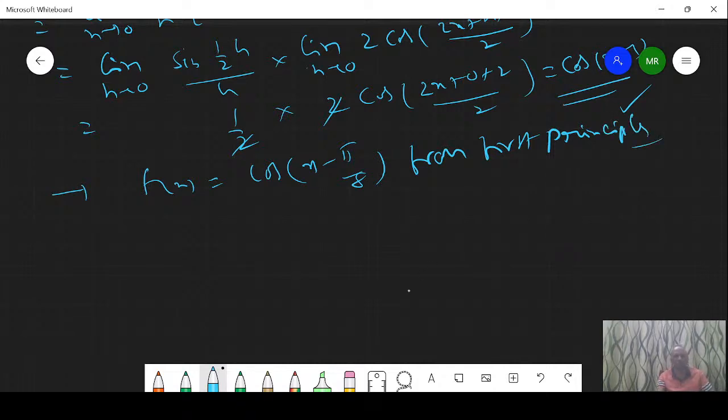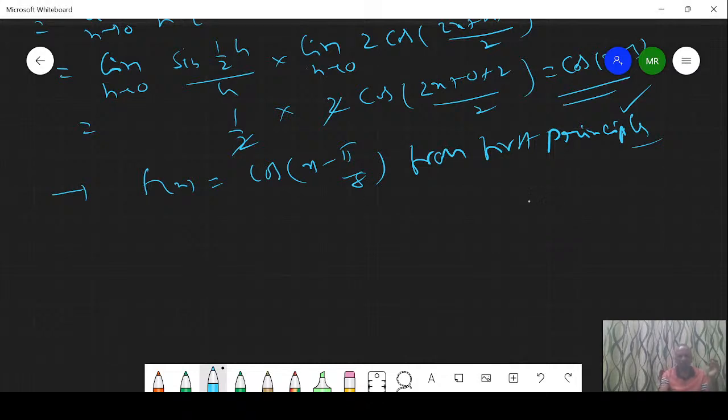They are asking using first principle, you should do that. Right, now you can see that. When I have written like this, then you can observe here.